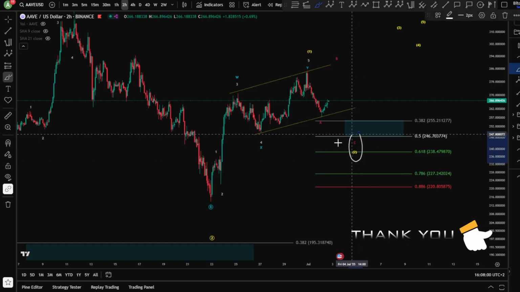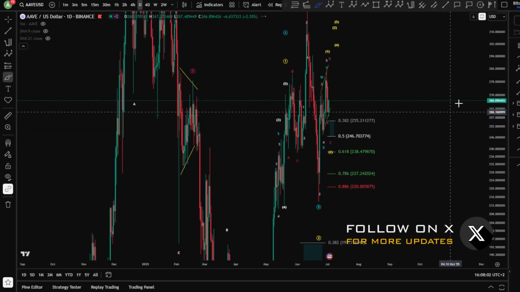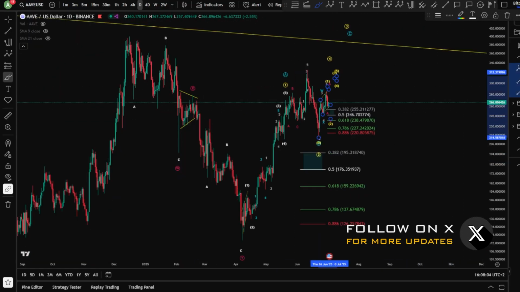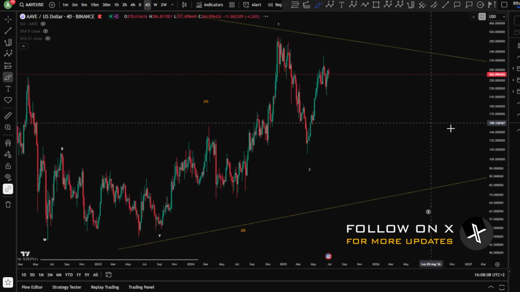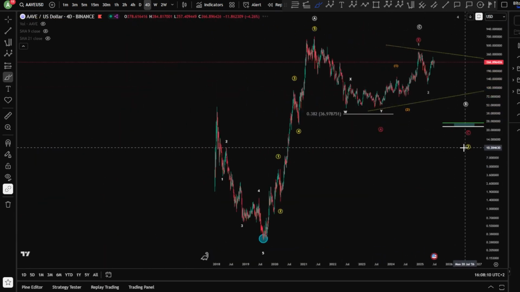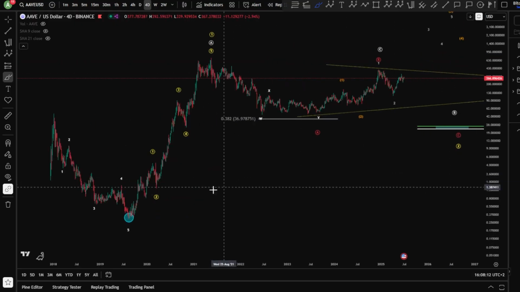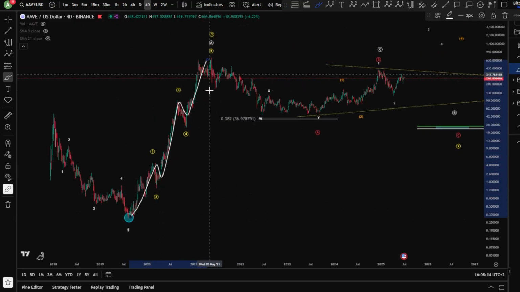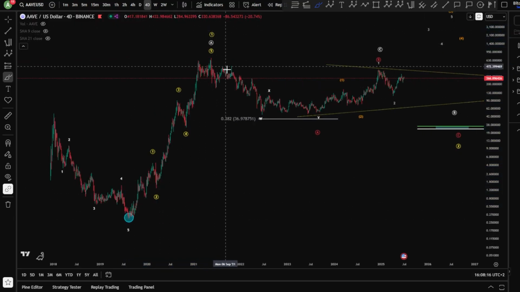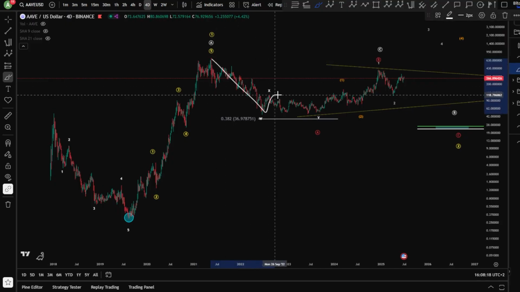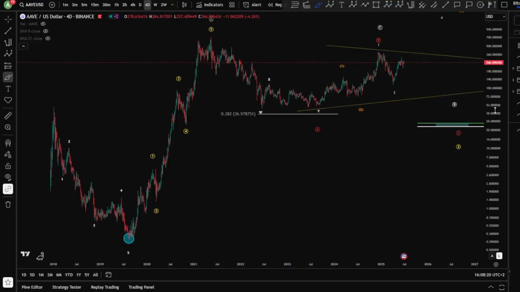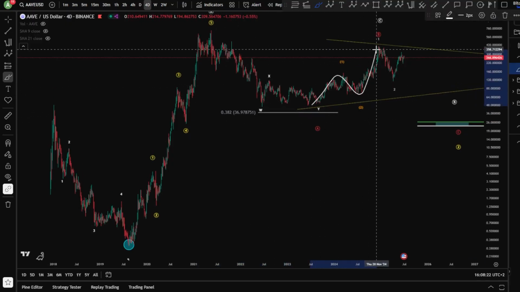In a bigger view for Aave, we are very bullish as well, because the Aave chart is very impulsive from the beginning. We can see that we have a huge impulse 1 2 3 4 5 toward the upside, finishing wave A or wave 1. You have a correction W, X, and Y, which is deep enough to unfold something impulsive.